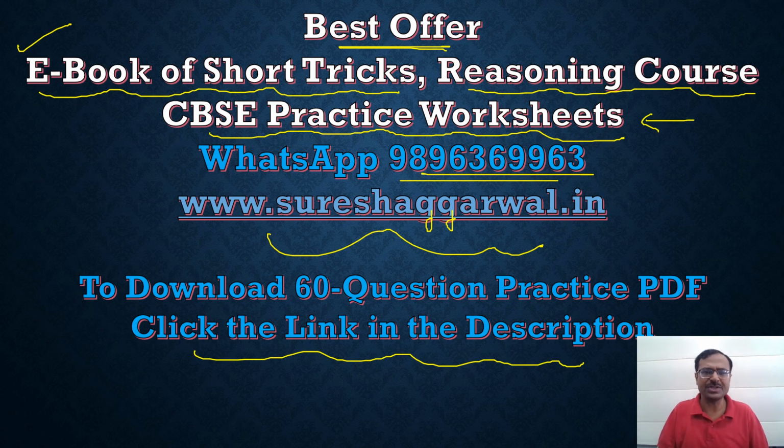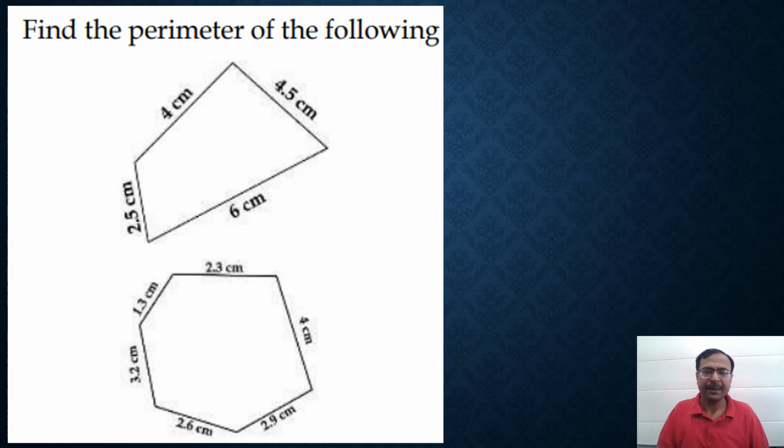Let's see some of the questions which are given in the worksheet. I'll solve them and I'll tell you how to solve the remaining questions also. Find the perimeter. This is a very basic thing. We all know that the perimeter is obviously the length of the boundary of a particular figure.